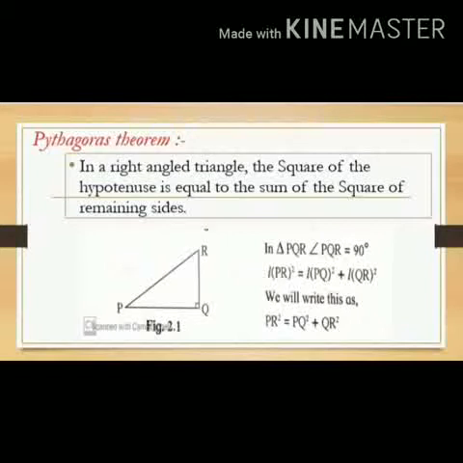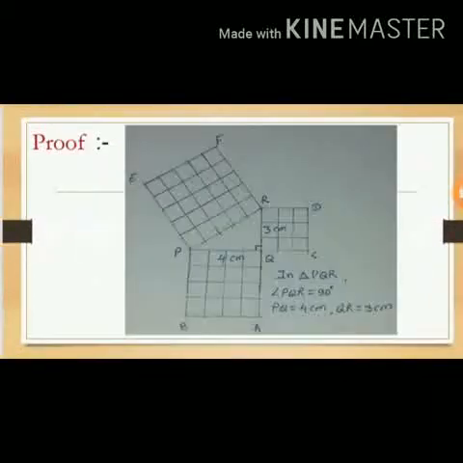We know that each theorem has a proof. The proof of this theorem was already studied in the previous class, but we discuss the proof in short. The Pythagoras theorem is stated in other words also. It is also stated as: the area of the square drawn on the hypotenuse is equal to the sum of the areas of the squares drawn on the remaining sides of that triangle.